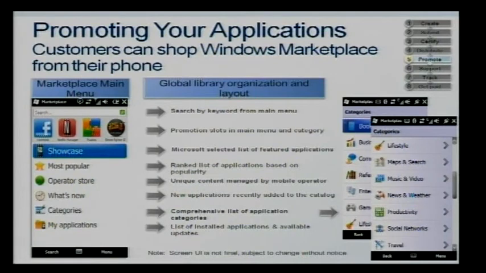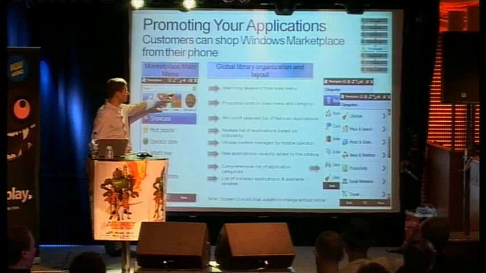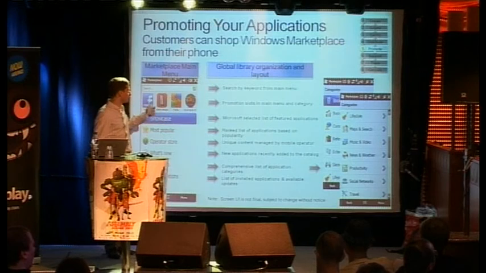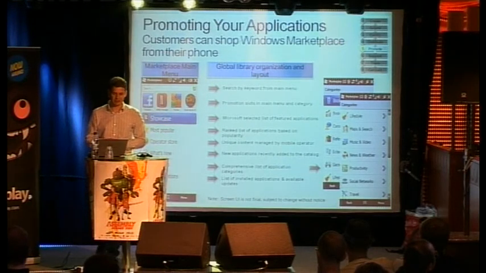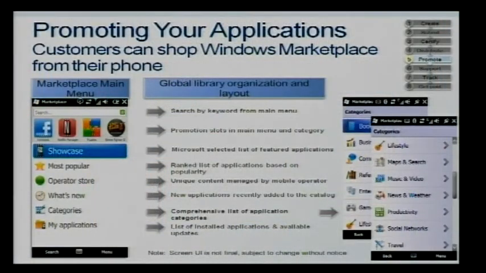Working through some of these, you've got search by keyword from the main menu, promotion slots in the main menu, Microsoft's selected list of featured applications, content that can be managed by the mobile operator as well, and a comprehensive list of application categories, such as maps and search, social networks, and travel. So very much breadth and depth, with lots of categories and lots of opportunities to get your application visible.